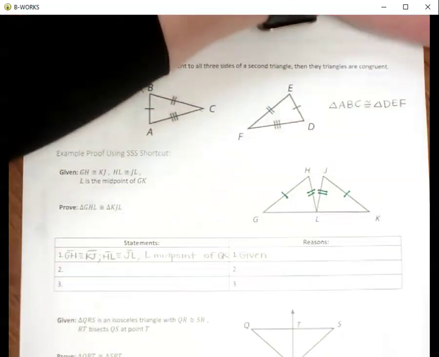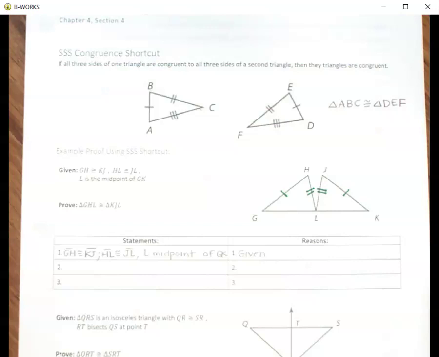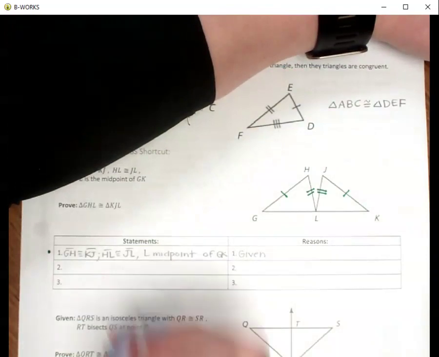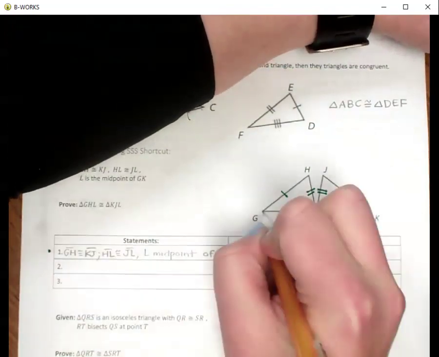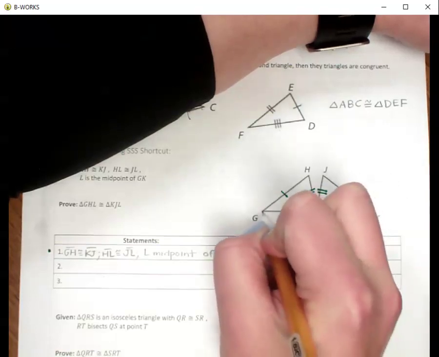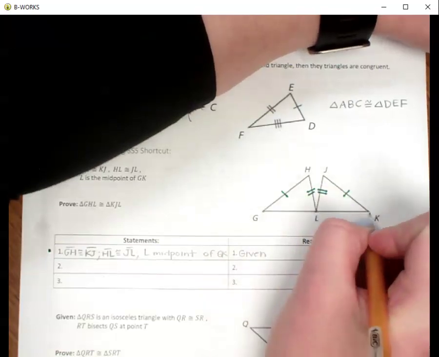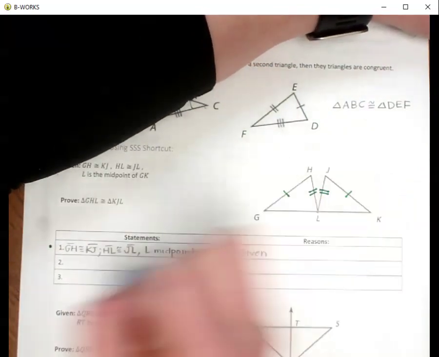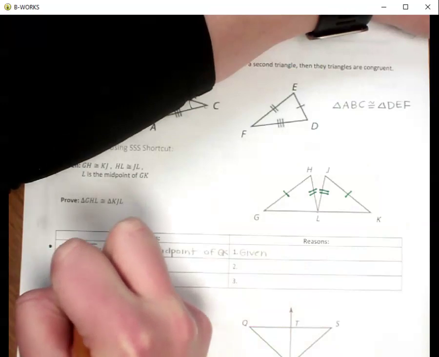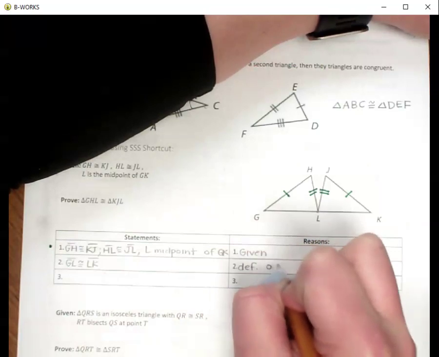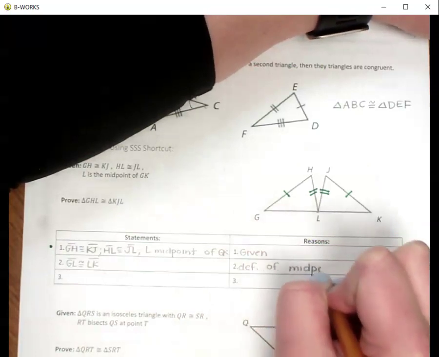The last piece of given information is that L is the midpoint of GK. Remember, being the midpoint means it's the point in the middle that divides a segment into two congruent pieces. So if L is the midpoint of GK, that means GL is congruent to LK by the definition of midpoint.